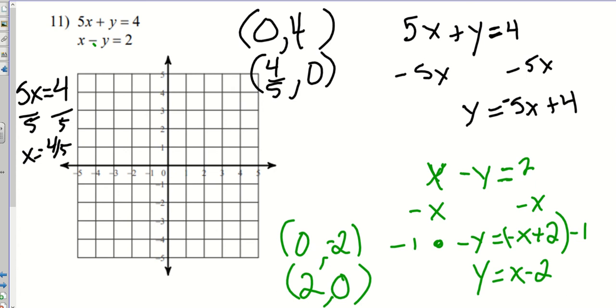So again, another different strategy to find 2 points is to manipulate your equations, or we could also create a table for both and insert our values. Let's graph and see what our answers will be.